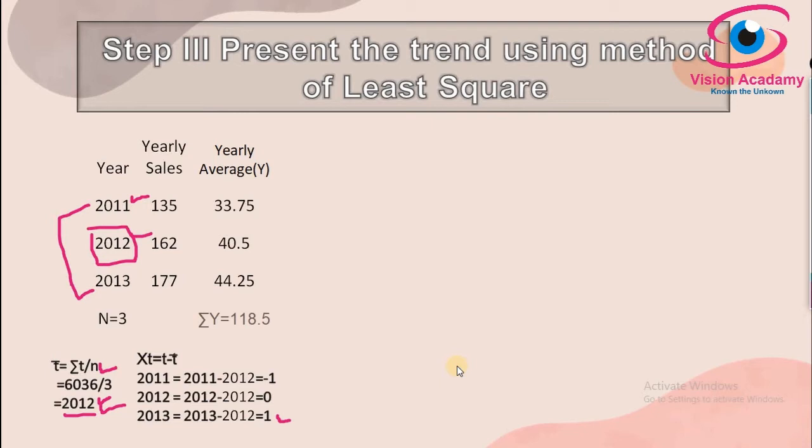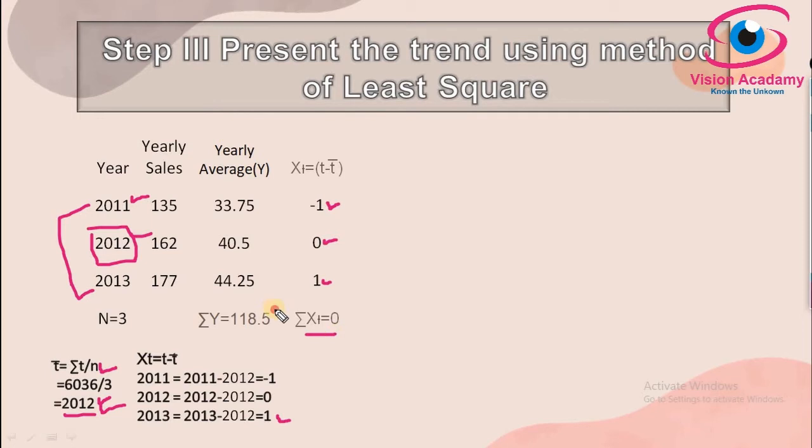So using this we can form the next column, that is xt. xt is t minus t bar. So 2011 xt is minus 1, 2012 xt is 0, 2013 xt is 1, and summation of xt is always 0.